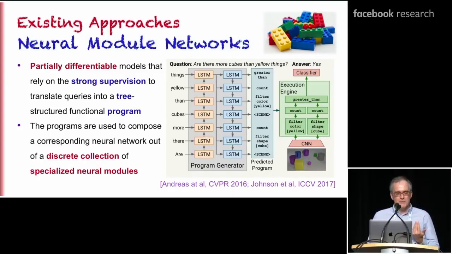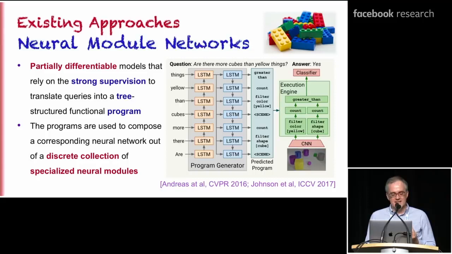So all of these models make use of the strong supervision that comes from the functional program. And so what you're doing is a two-stage operation. The first stage is that you use a sequence-to-sequence model to translate the English form text back into the functional program using the strong supervision.